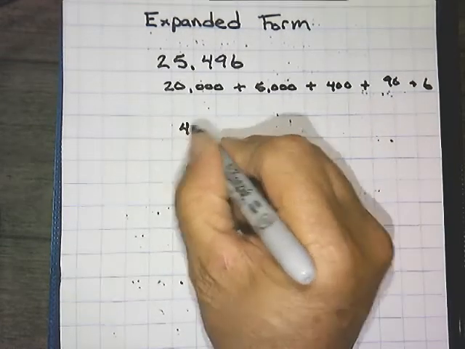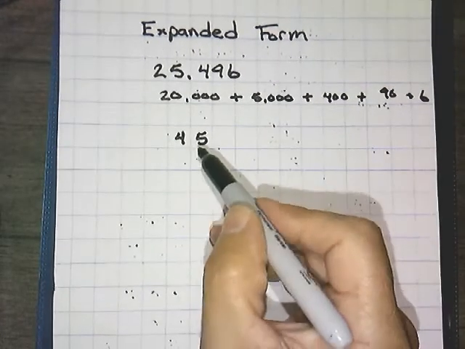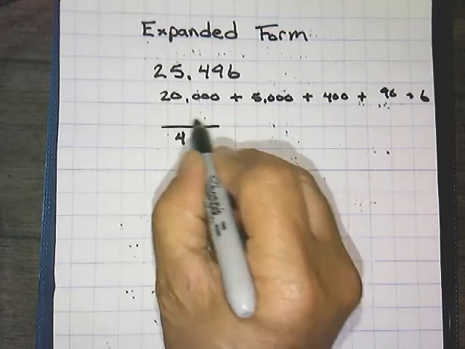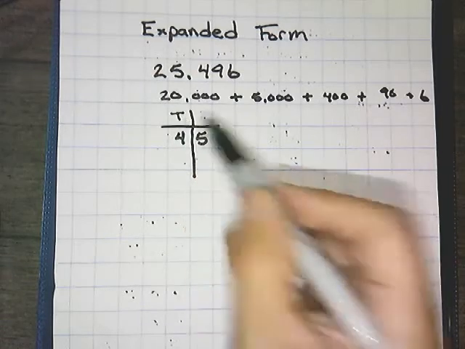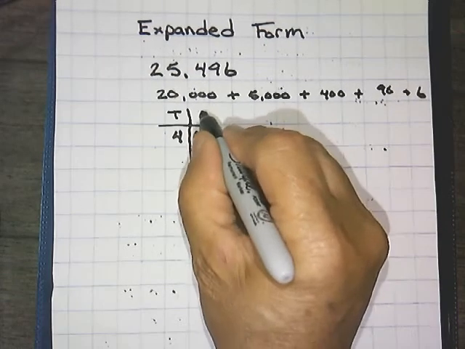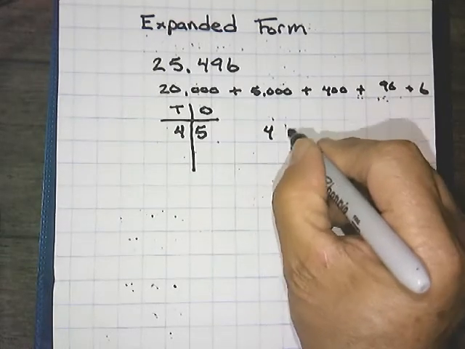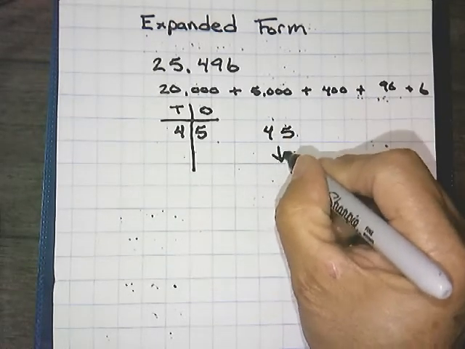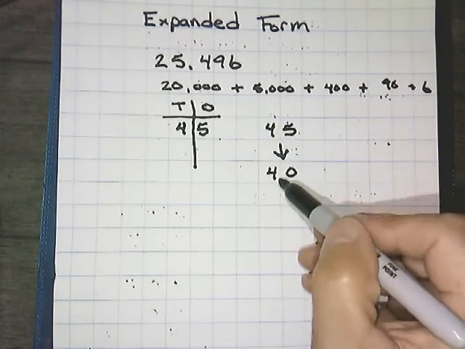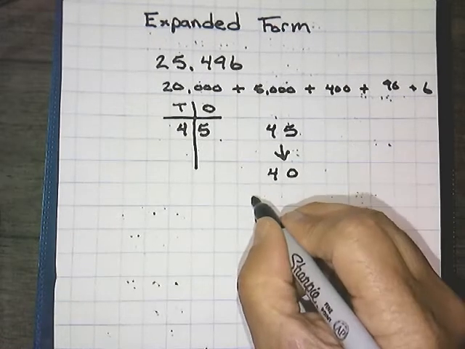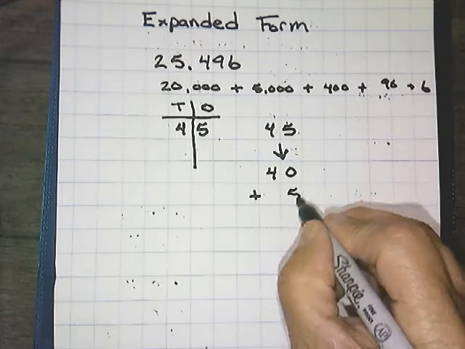Let's just say the 2-digit number 45. Now remember, 45 is 2 digits, and if we break that into place value, the 4 would be 4 tens, which I want to represent with the T, and the 5 would be 5 ones. Well, 45, you could show it this way, is really 4 tens, which is 40, plus 5 ones.